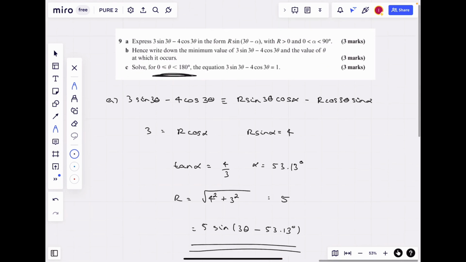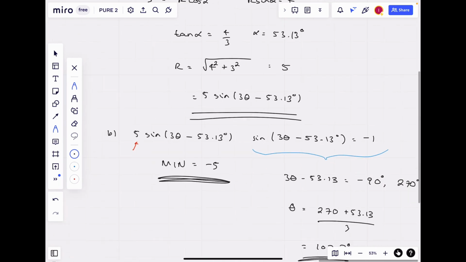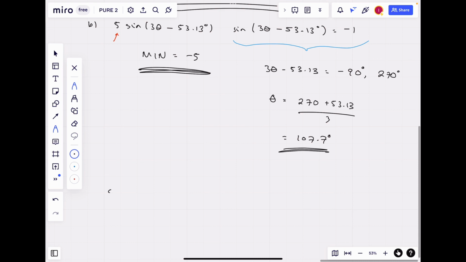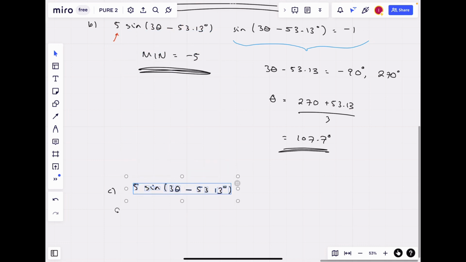Okay, the last one. Solve for 0 to 180 the equation. Okay, so what we're doing is we're going to solve. Let me just copy it over. We're going to solve this.